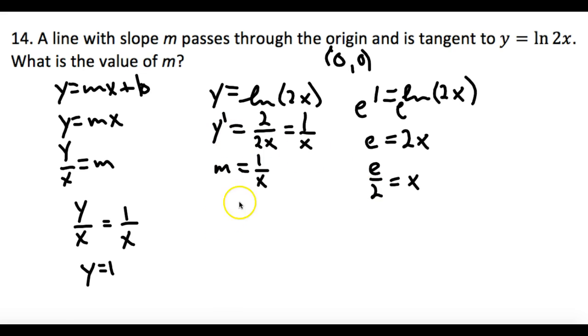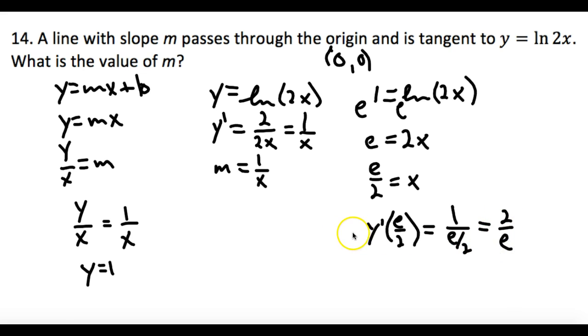I know that y prime is equal to 1 over x. So y prime of this x value of e over 2 is just going to be equal to 1 over e over 2, which would just be 2 over e. And that answers the question, right? That would be the value of m. That would be the value of the slope.